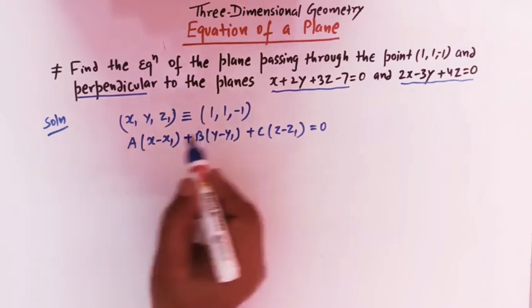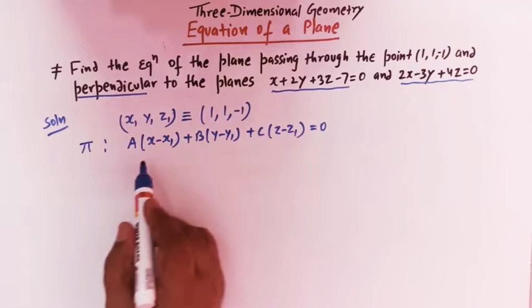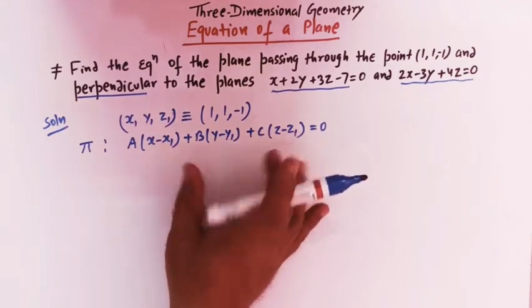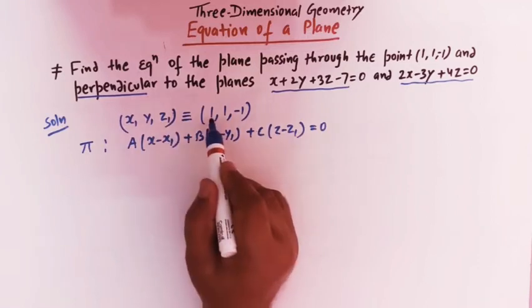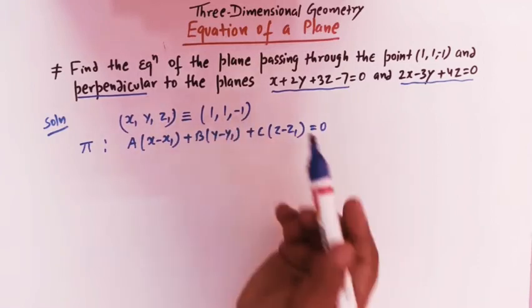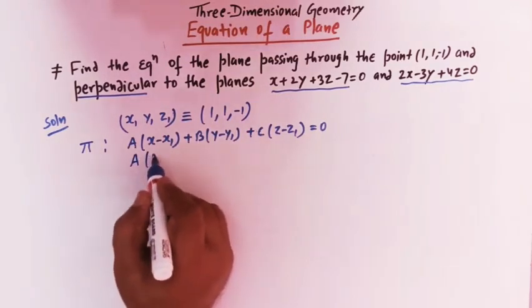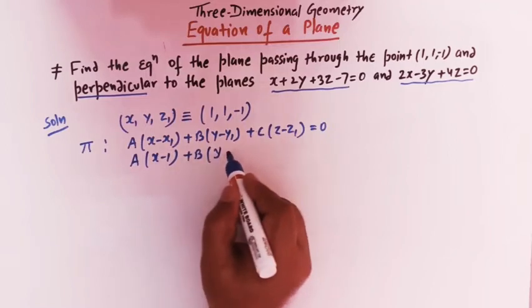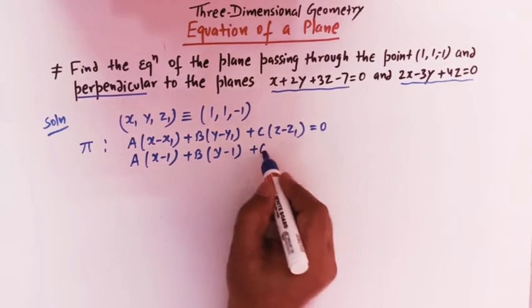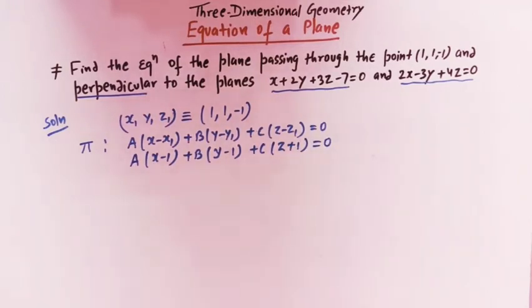So let us say that plane is pi. Pi is the plane which passes through x1, y1, z1, and here x1, y1, z1 is 1, 1, -1. So let us substitute it here. So we have a(x - 1) + b(y - 1) + c(z + 1) = 0.